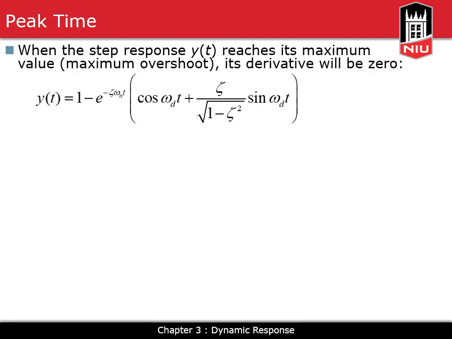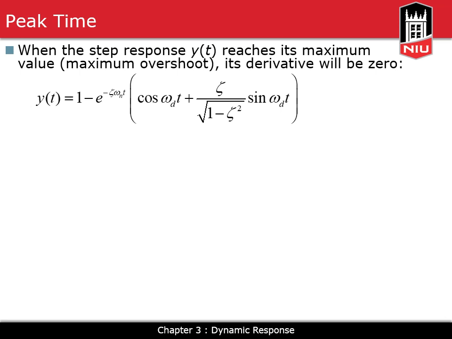To find the peak time, that is the time that the response will have its maximum overshoot, we will simply use the equation we found for the response y of t and find its derivative, set the derivative equal to 0. Because when you find the derivative of a time function and set it equal to 0, the roots of that equation are going to be the times where the maximums or the minimums of the function occur.